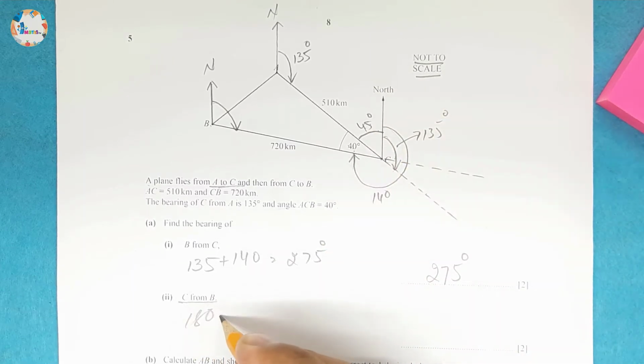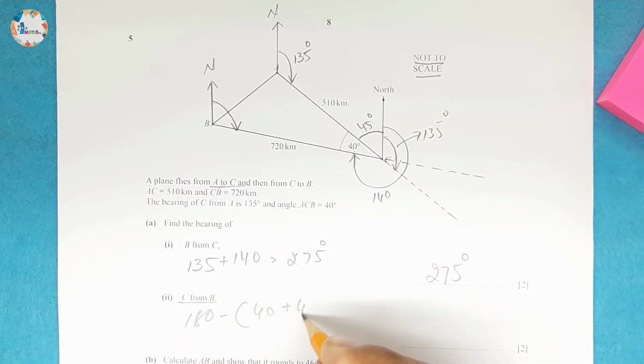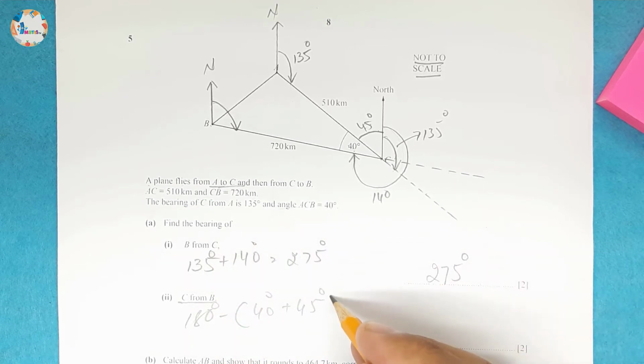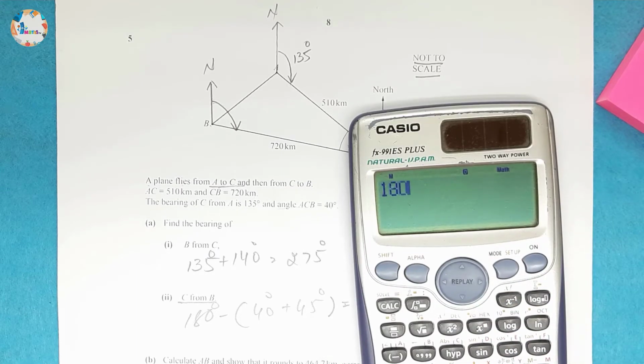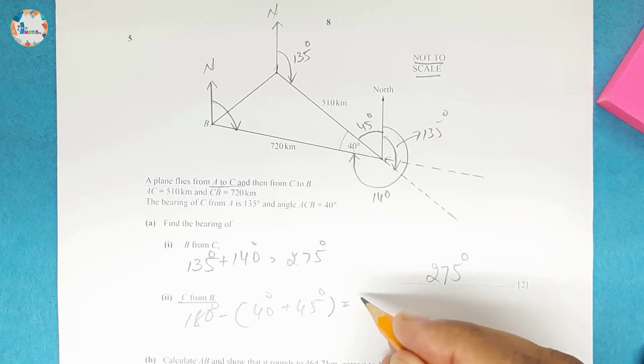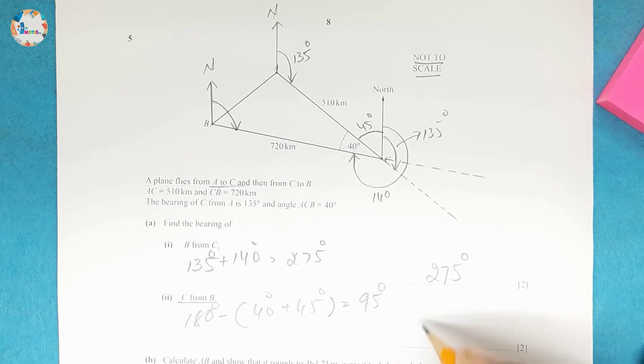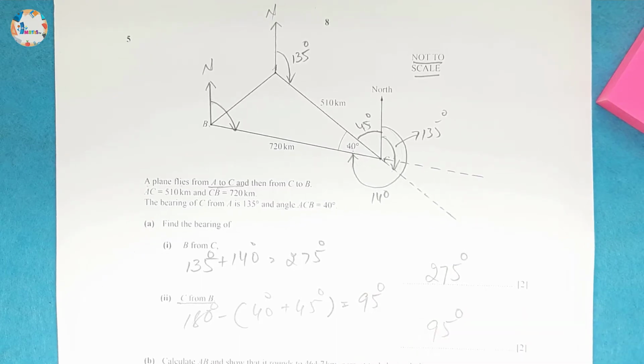So we can write 180 minus 40 plus 45 degrees, and this will be resulting to 95 degrees. 95 degrees will be our final answer for this part.